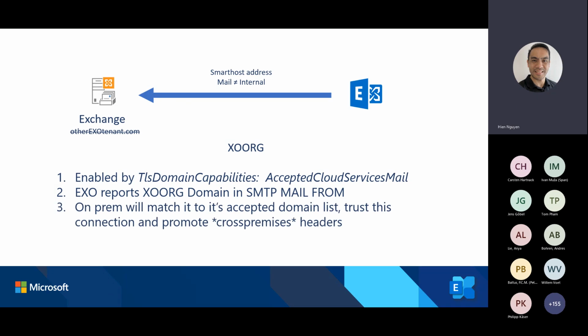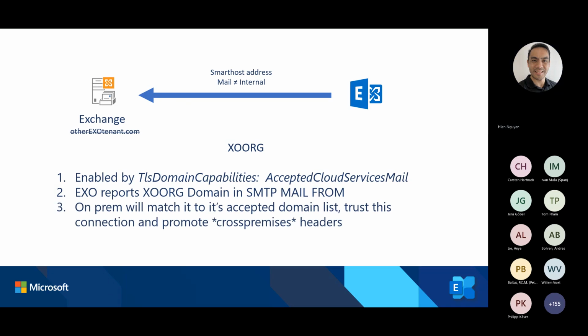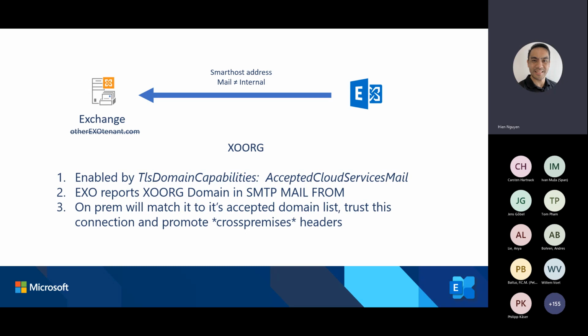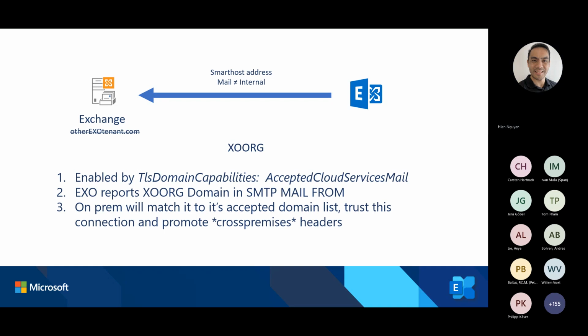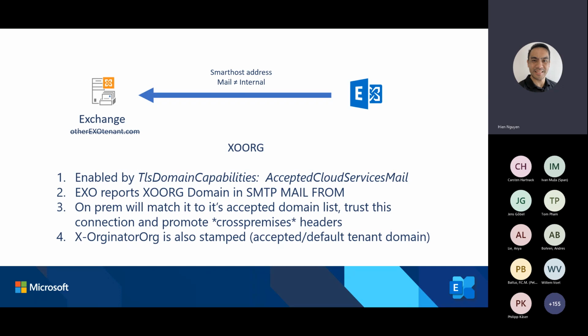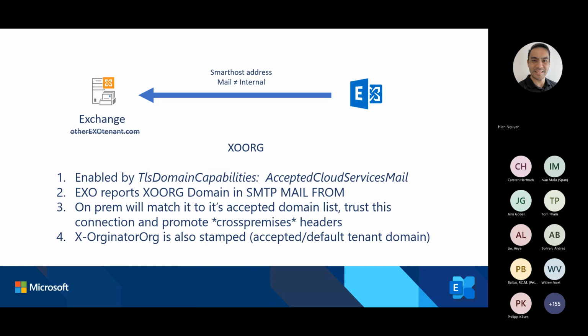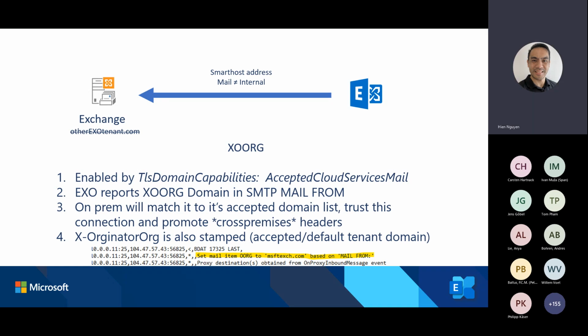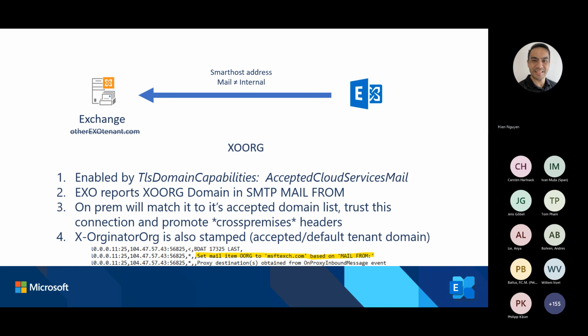On-prem will then get that XORG and match it to your accepted domains on-prem. And if there's a match, the cross-premises headers are then promoted. Then the X originator org is also stamped with the accepted default tenant domain. There it is, set mail item org to msftexchange.com.